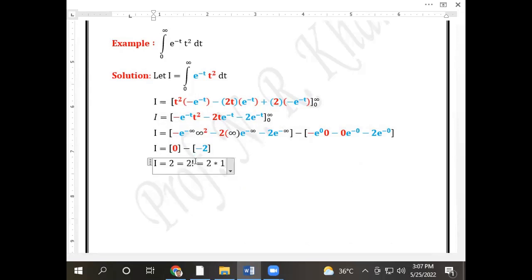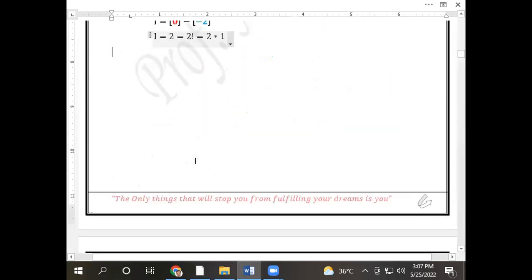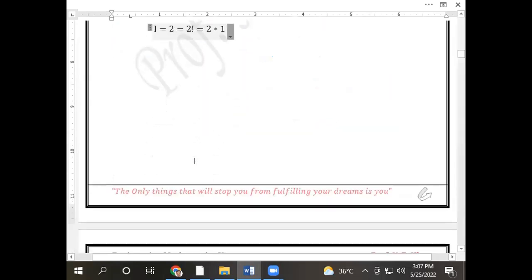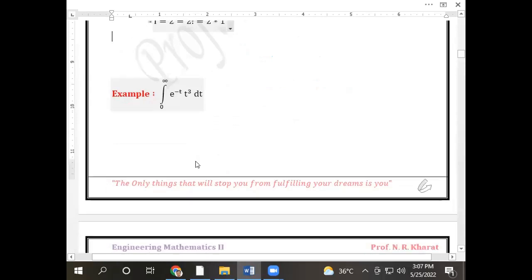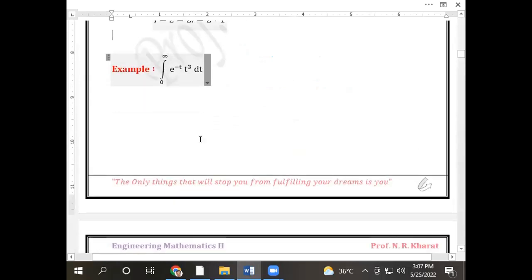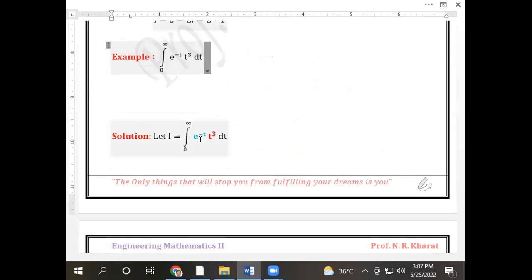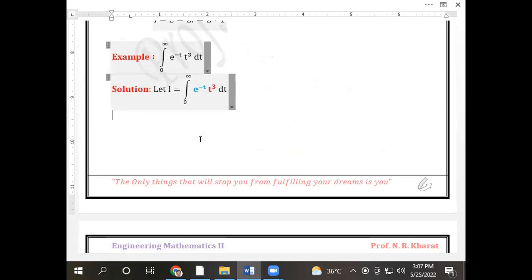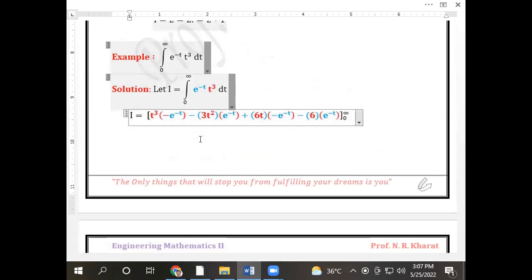Suppose I increase the index of t, and it reaches 3. Then how do we find the solution? We can find this integration by assuming the given integration is equal to I. My step number one: again, we use the generalized theorem of integration. t cube remains as it is, and we differentiate t cube until its derivative becomes 0.